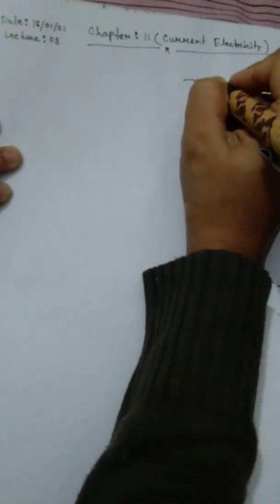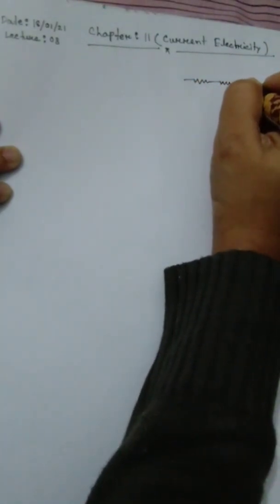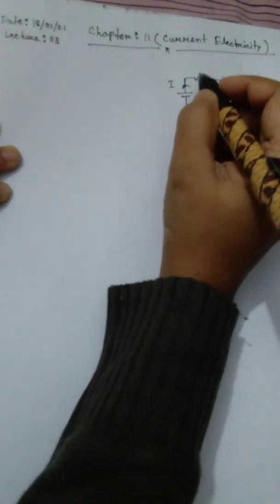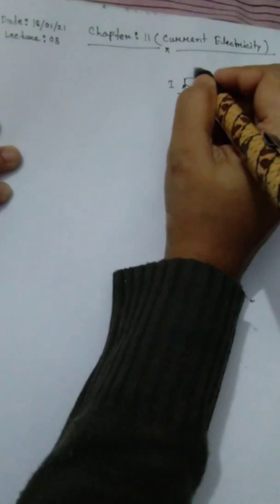I think you can recall one point that I told in an earlier class, that for a series circuit, if we assume a series circuit, that means a combination of series resistors, in this type of circuit, if the main current or total current is I, this current will be equal for every branch of resistor.